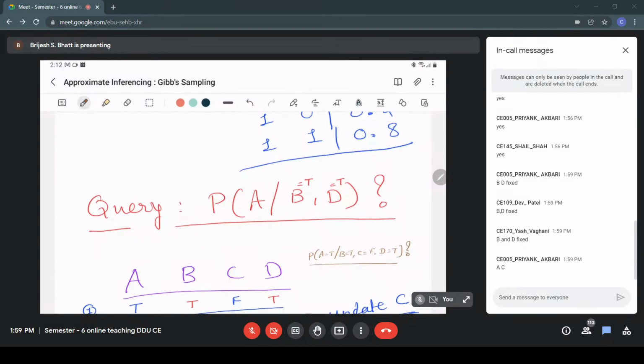If this comes above 0.5, then we will keep A is equal to true. If this turns out to be less than 0.5, then we will flip A to be false. Right? Are you with me so far?